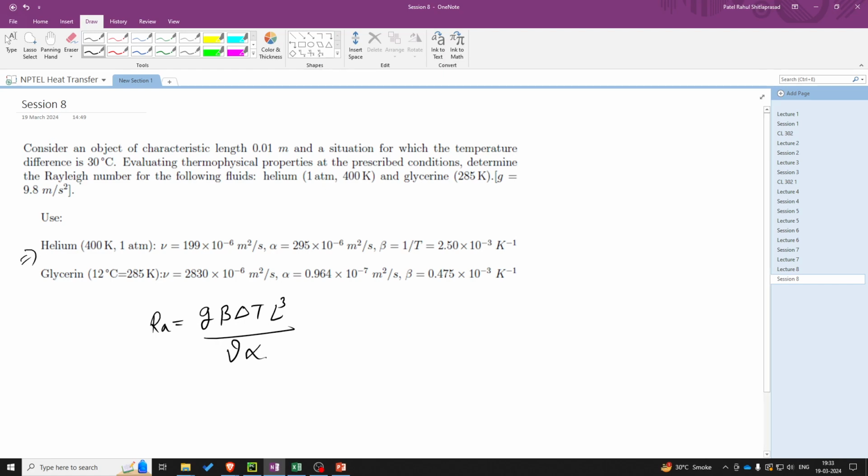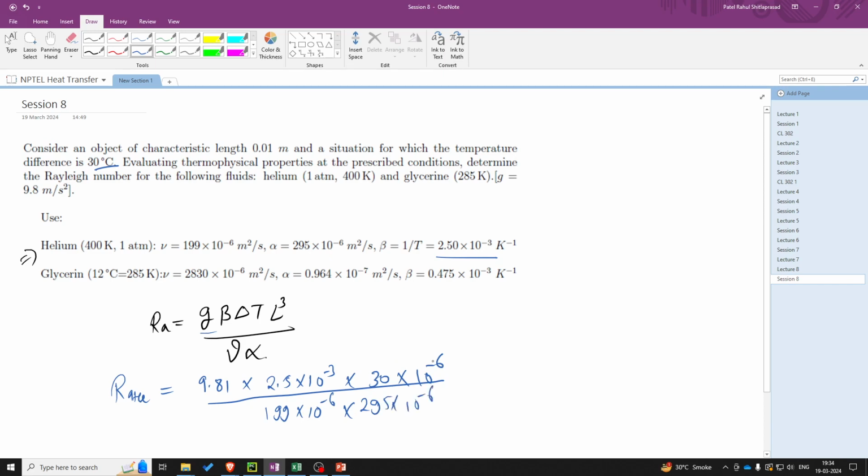So for helium, the Rayleigh number, you can write it as g is 9.81, beta is 2.5 into 10 raised to minus 3, delta T is 30, length is 10 raised to minus 2 and its cube will become 10 raised to minus 6, upon mu is 199 into 10 raised to minus 6, into alpha is 295 into 10 raised to minus 6.